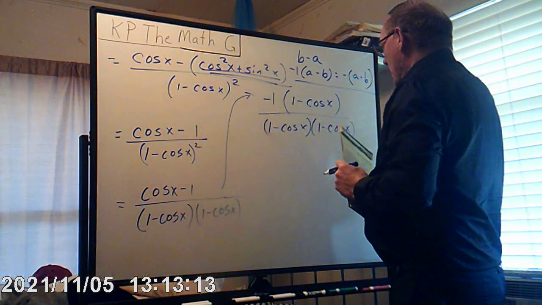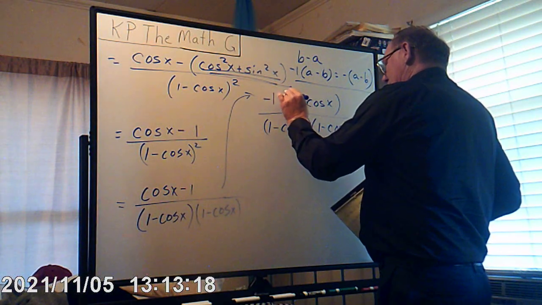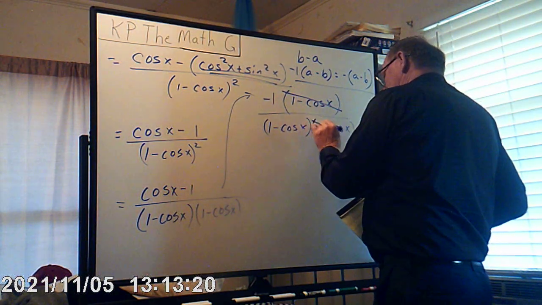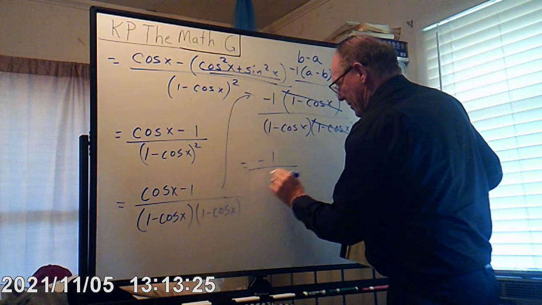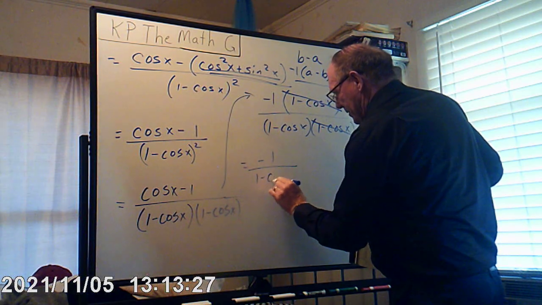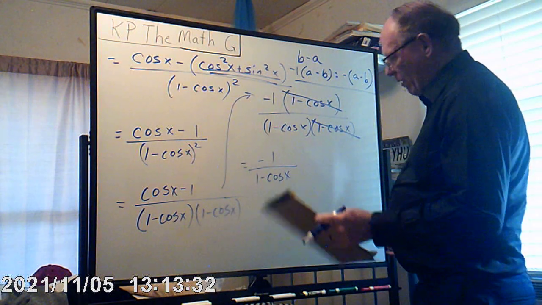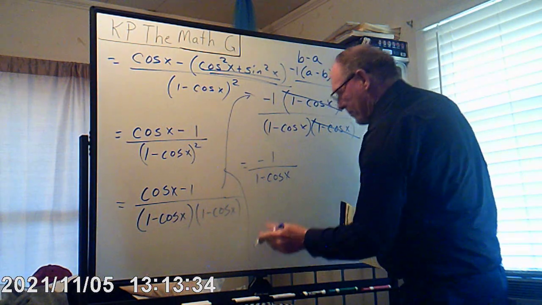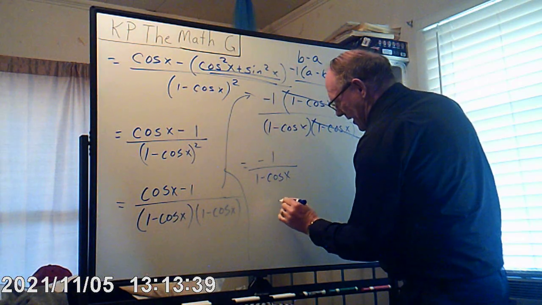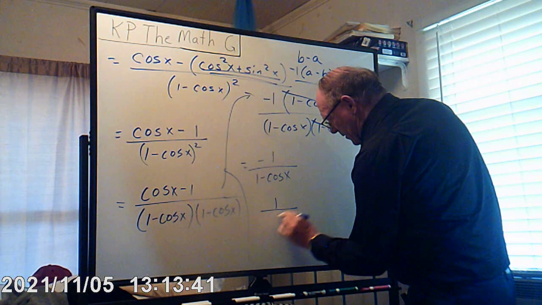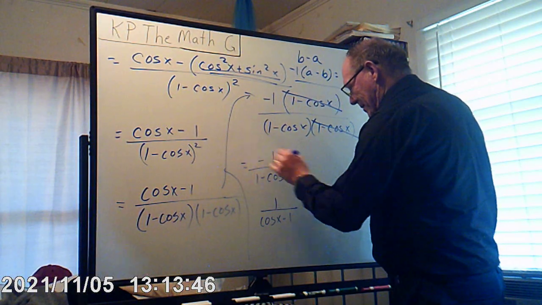Well, I have something common. I can take out either one of these. I can't take out all of it, but I can take out one each. So now I'm just left with negative 1 over 1 minus cosine x. Equivalently, sometimes the negative can come down here, and then you can say 1 over cosine x minus 1, and either way will work.